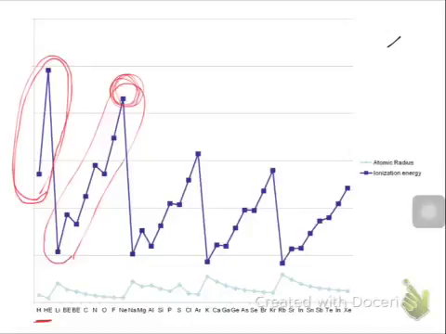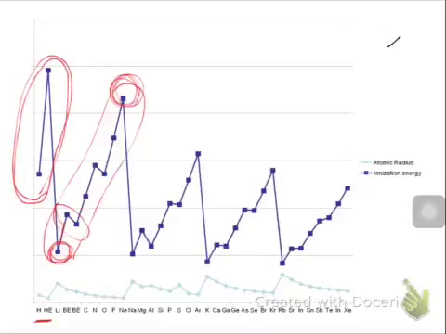You can use your periodic table. What would have the highest ionization energy in the second period? Neon, because it's the noble gas. What would have the lowest in the second period? Lithium. And hey, guess what? Now there's a little hiccup with beryllium and boron, and I don't know why.